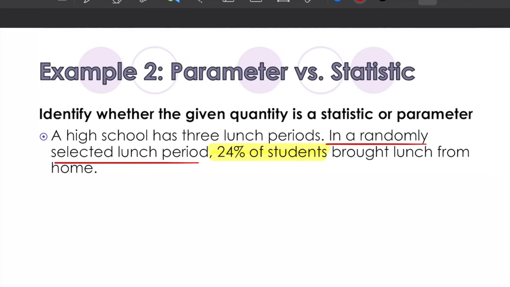That 24% only as a fact represents that one randomly selected lunch period. So since the 24% does not represent the entire population, it represents the sample. So if it only represents the sample, that means this is a statistic, because the 24%, like I said, only represents the sample, not the entire population.